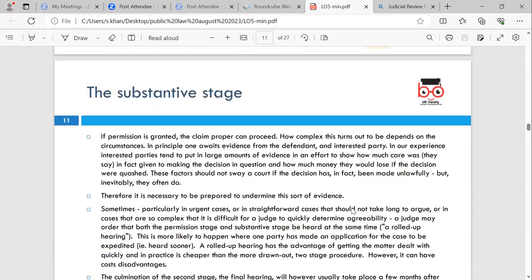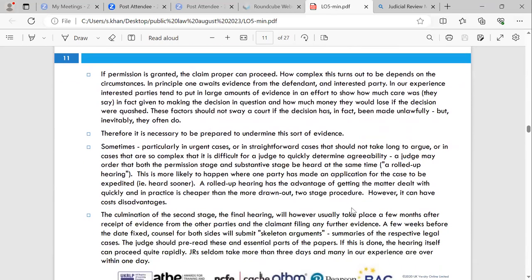The substantive stage. If permission is granted, the claim proper can proceed. How complex this turns out to be depends on the circumstances. In principle, one awaits evidence from the defendant and interested party.